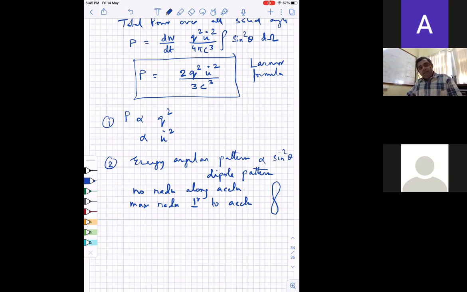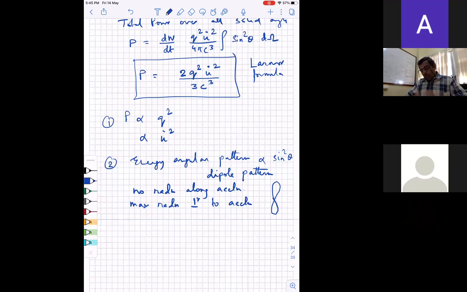Then we'll try to generalize it even further. So that's all for today, and the next day we'll start with many charges, many velocities, and again we'll try to see things by looking at which regions are more important and which are less important. Try to break down.